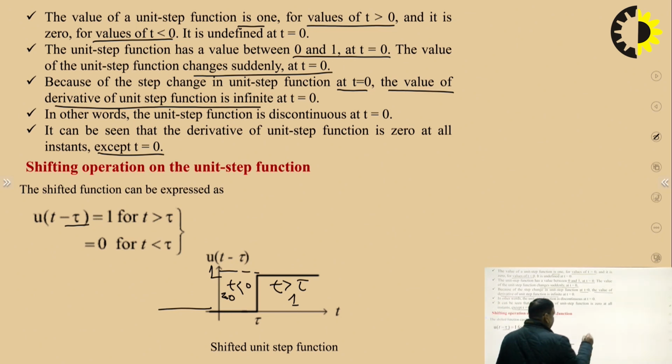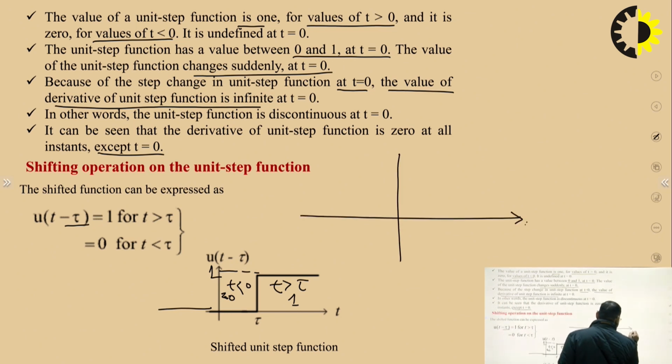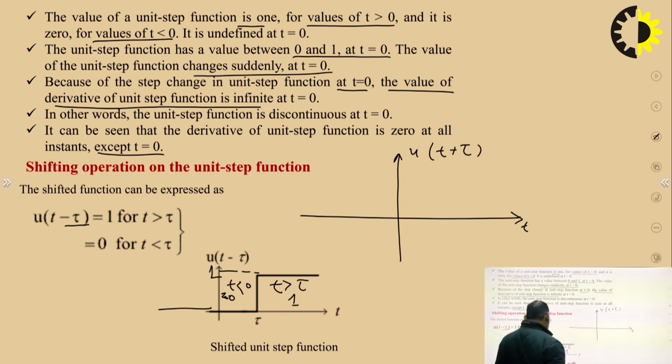We can also see, look here, this is your time axis. Suppose the function is u(t plus tau). This is basically the delayed shift. The graph of this u(t plus tau) will be like this.